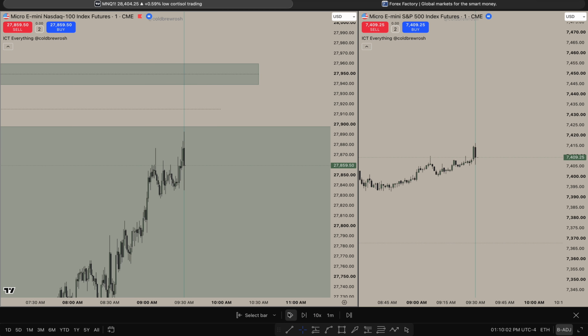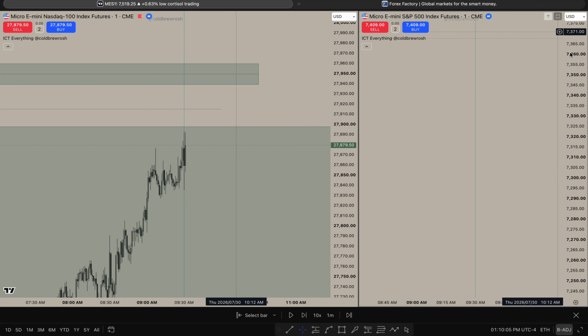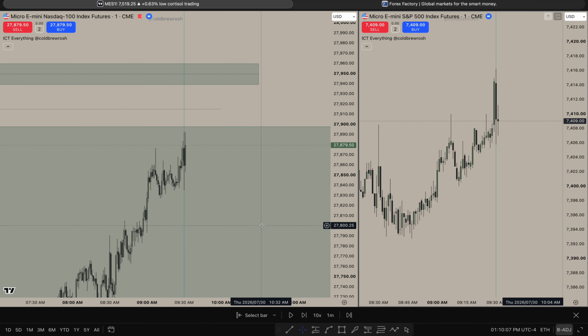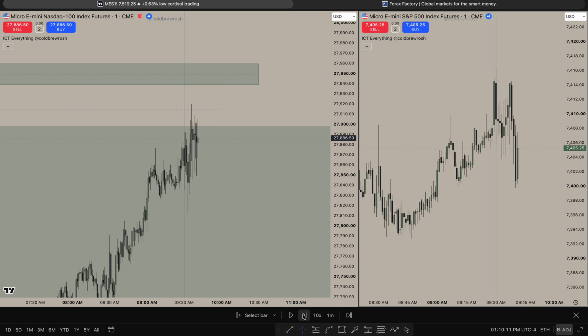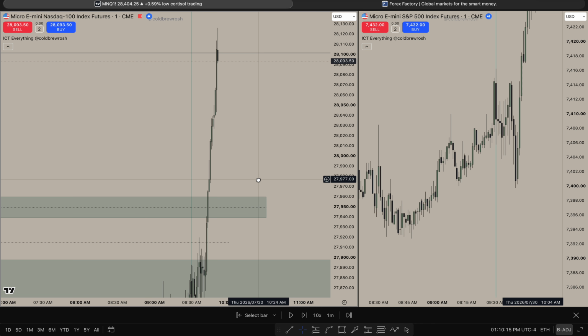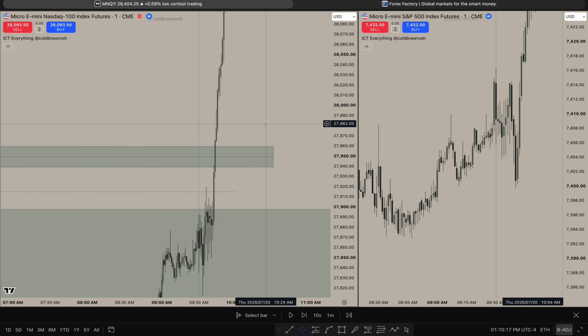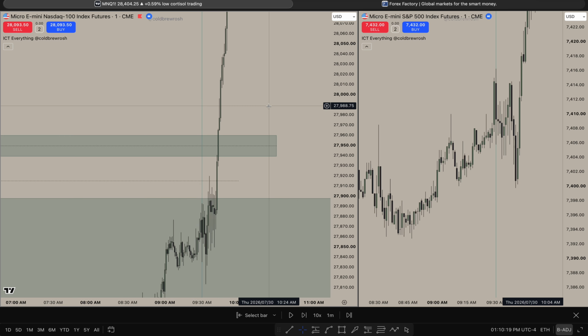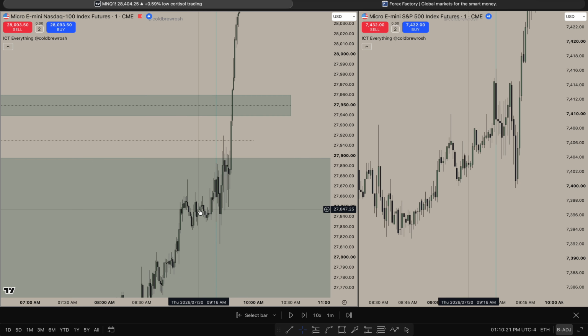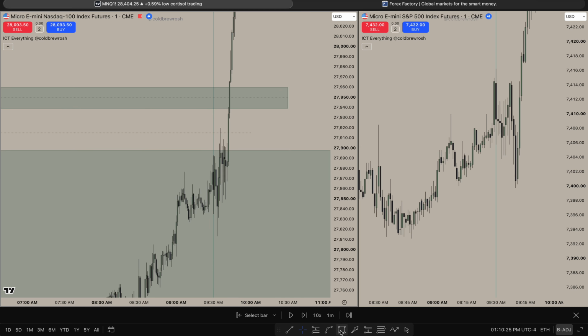So on Thursday, you see, we don't really see any manipulation at open. It's just a big move up, really. And this has been happening a lot in the past month, really, with July, where we simply don't put in any good manipulation or model. There's no reversal right here.